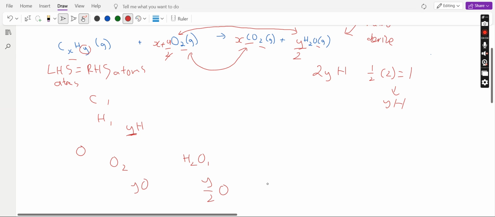To tackle this issue, you have to do some math. If you put 4 as your denominator here, you will get y over 2, because y over 4 multiplied by 2 is y over 2. So now on your left hand side you should get y over 2 number of oxygen. That's why you get this bracket here.